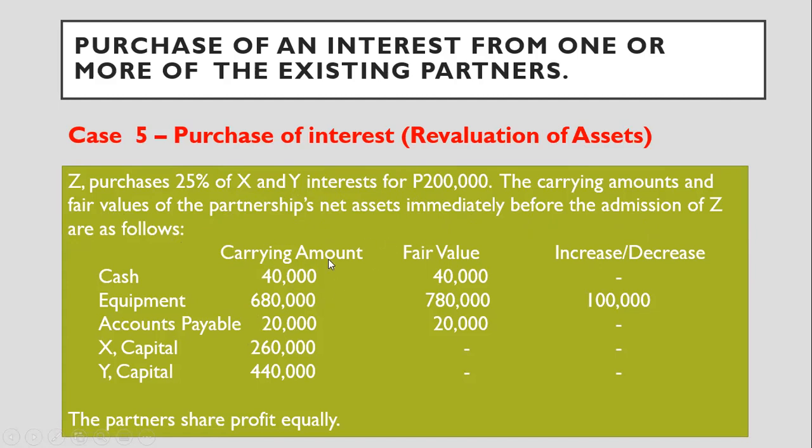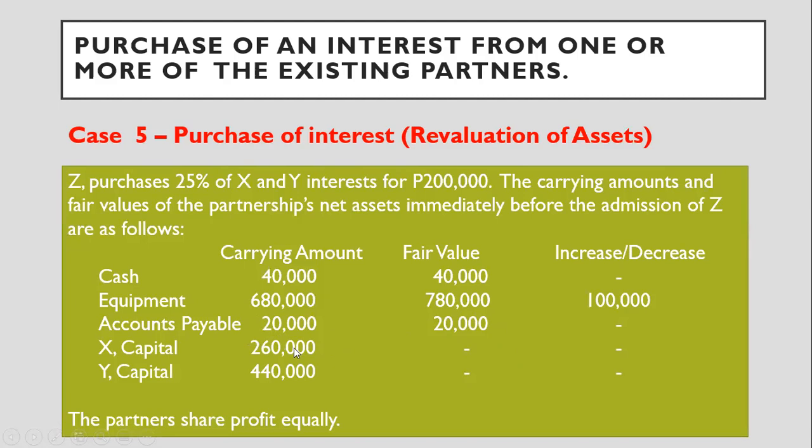So we have now the carrying amount and the fair value. So we will determine whether there is an increase or decrease in the respective assets. So the first one is cash, so no change. Then we have equipment from 680,000 to 780,000, so there is an increase of 100,000. Accounts payable remains the same.